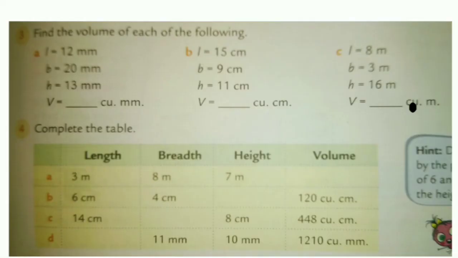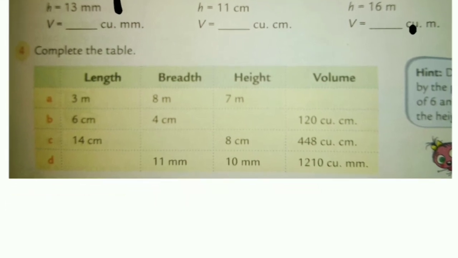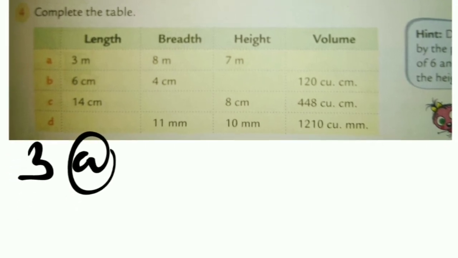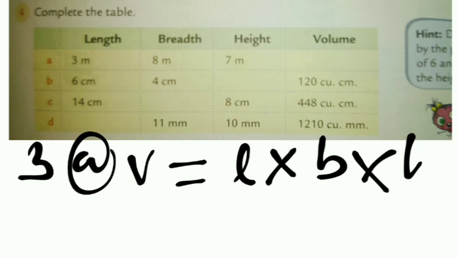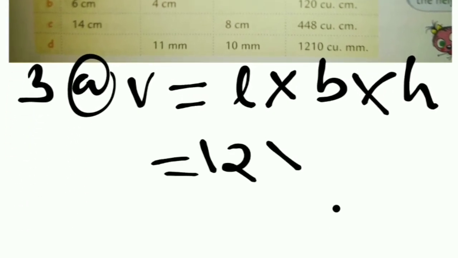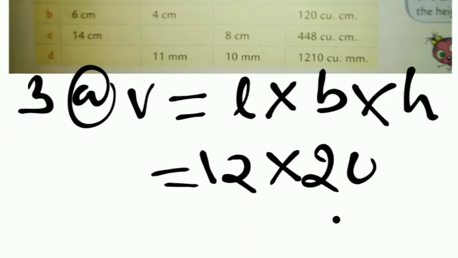Question number 3. Find the volume of each of the following. How we will find the volume? Just now I told we have to do multiply only. So length into breadth into height. Question number 3, first one. Volume equals to length into breadth into height. Okay. So what is the length? 12 into 20 into 13.